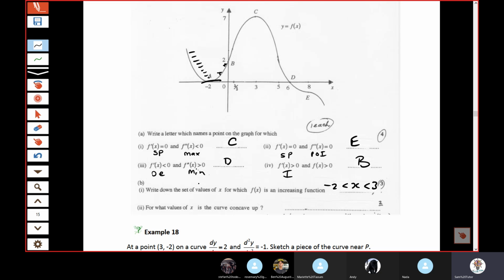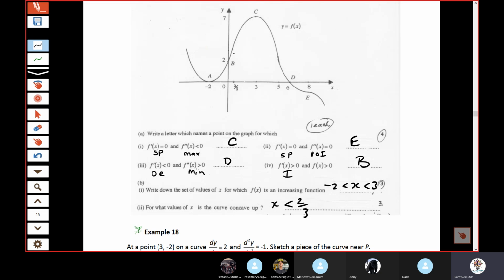For what values of x is the curve concave up? Well, anything less than 2/3, right? So it's concave up, all of this, firstly, which is -∞ to 2/3, not including 2/3, because it's a point of inflection there. So it's not concave up at that point.